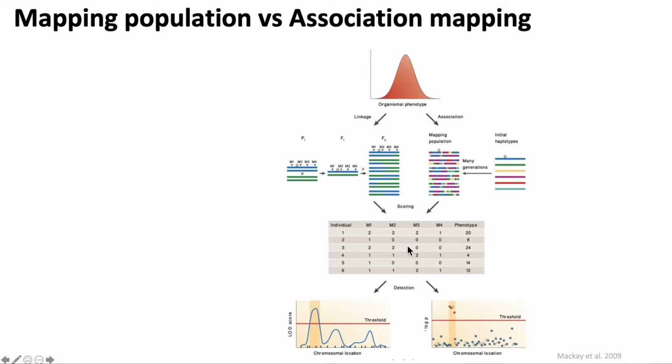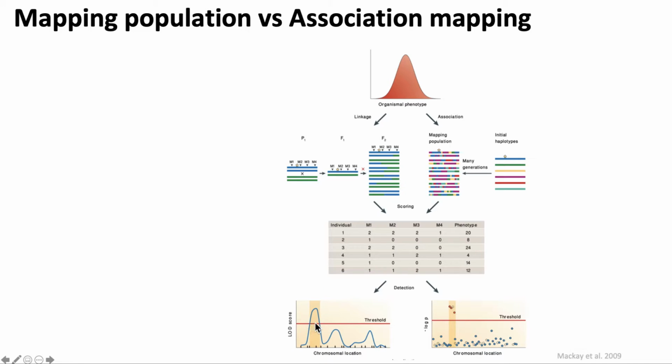So we collect the genotype, and then we get the association analysis. Here you can also see that there are some differences, because with QTL analysis, we're going to have big regions in the genome that have association with the phenotype, because in biparental populations there are not a lot of recombinations.